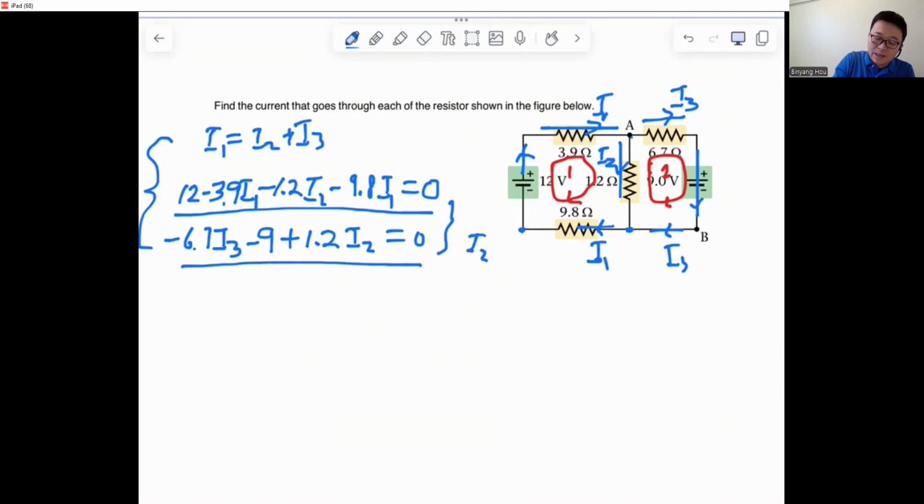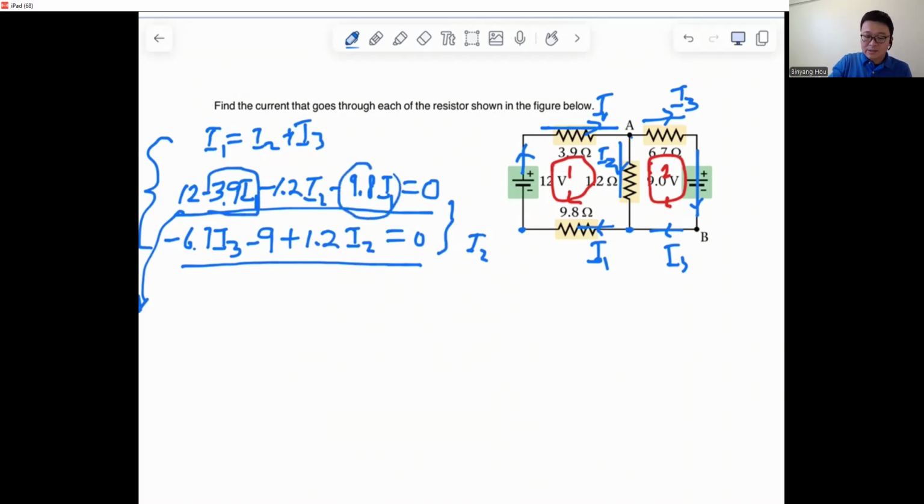So this guy will give us I1 in terms of I2. We'll isolate I1. There's I1 here, there's I1 here, so these two should add up.